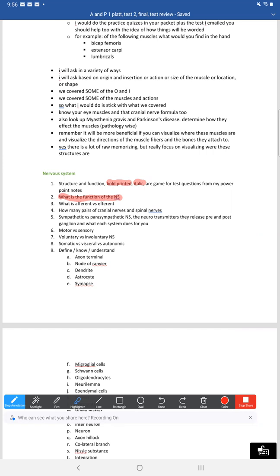All your internal functions: your heart rate, blood pressure, immune system, digestion, hormone release, pupil dilation, blood vessels dilating or constricting based on your temperature and other things that are going on. What kind of mood are you in? Are you hungry? Are you tired?